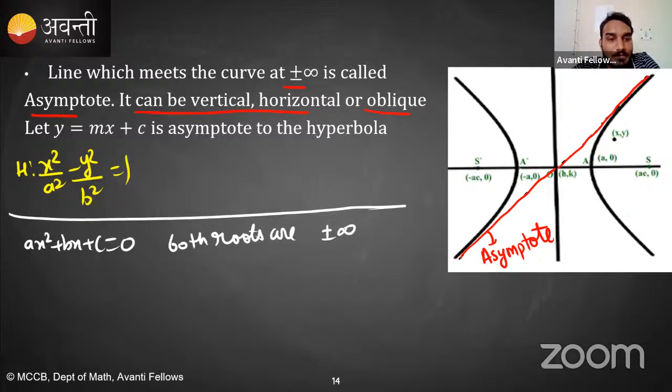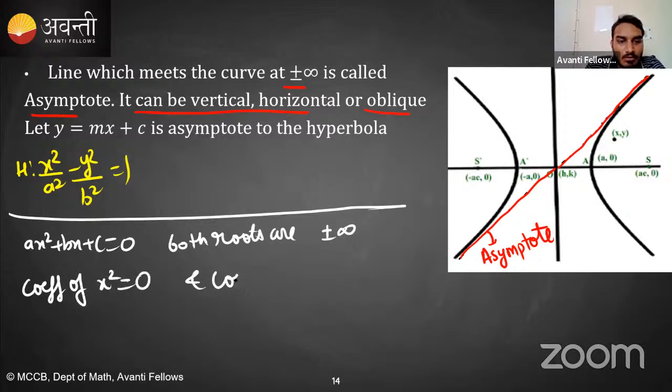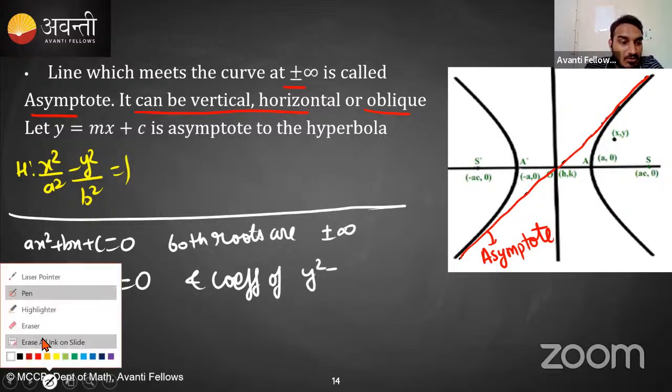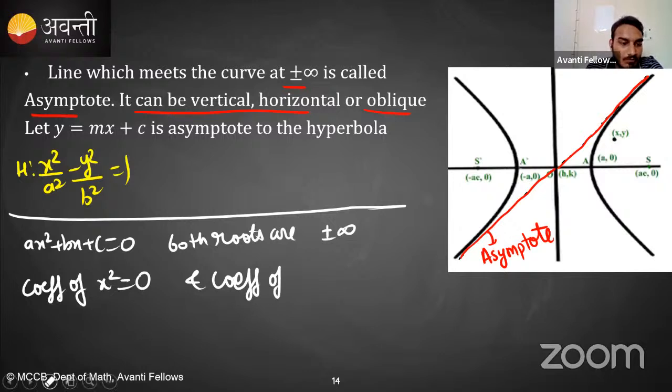So what happens in that case? If both roots of the quadratic equation are infinity or plus minus infinity, then we say that the coefficient of x square should be 0 and the coefficient of x should also be 0. Clear? If both roots of a quadratic equation are infinity or minus infinity, then the coefficient of x square should be 0 and the coefficient of x should be 0.